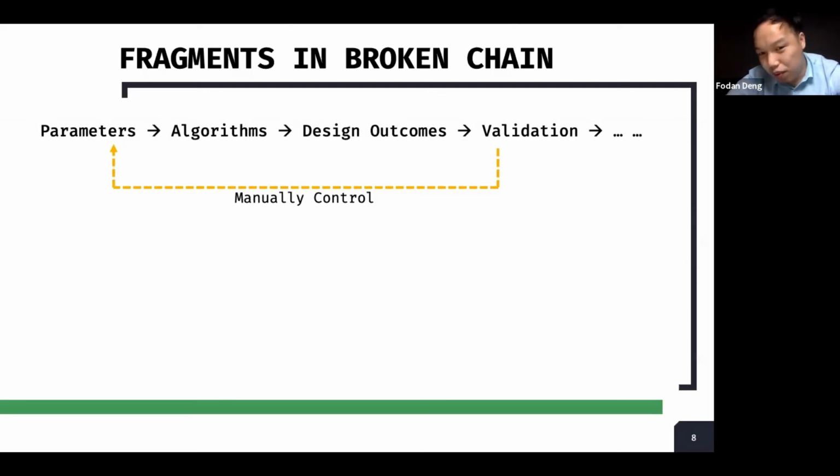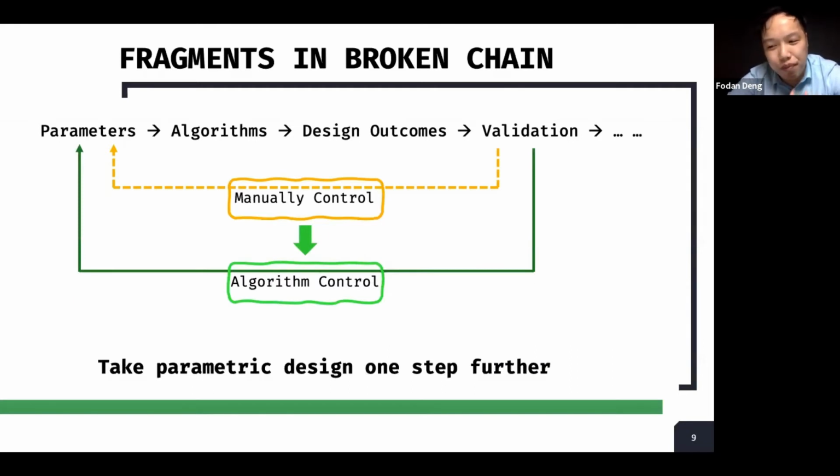But if we can somehow find a way to connect this validation process with the parameters defined behind it, using some sort of algorithm to reflect the information from the validation process to the parametric design process, then this whole process can form a loop and become automated.